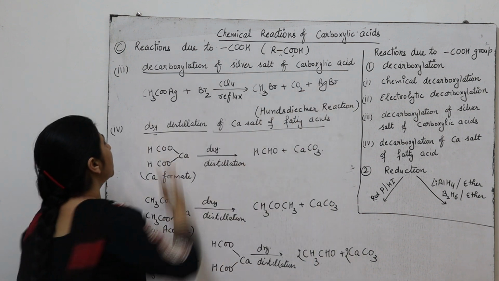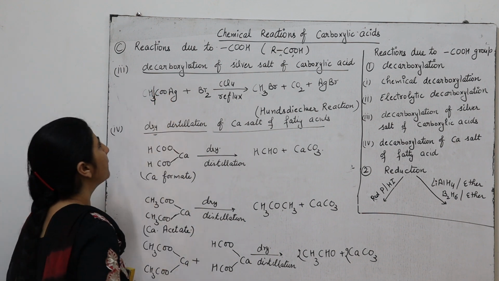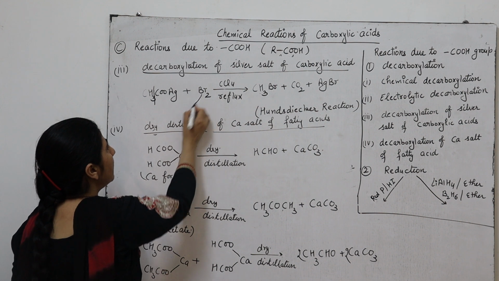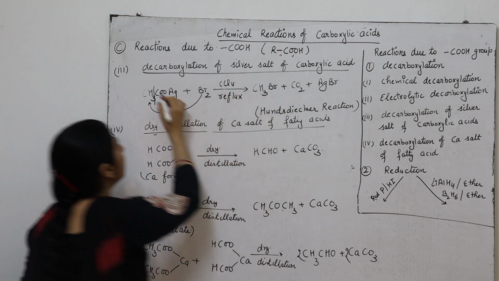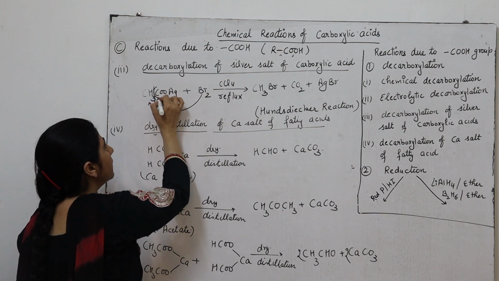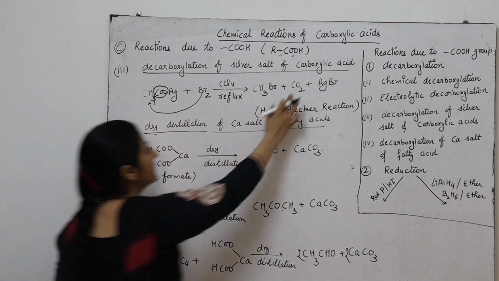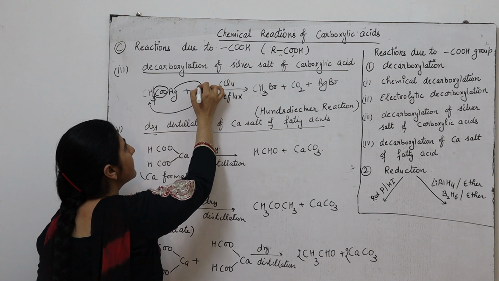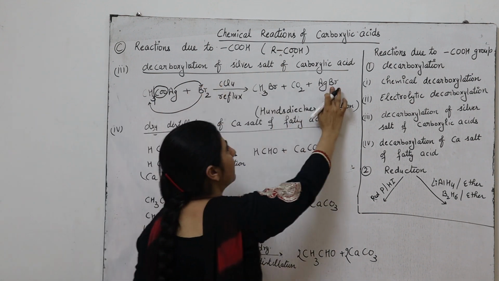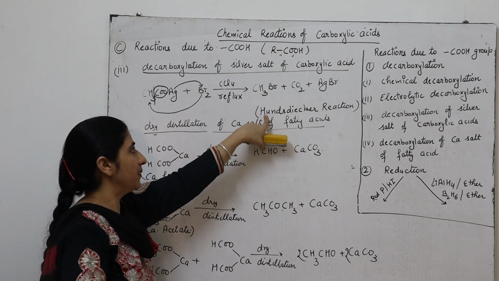In this reaction there is the breakage of the carbon bond, and one bromine links with the methyl group to form methyl bromide. The CO2 is released as carbon dioxide, and the second bromine atom combines with the silver to form silver bromide. This reaction is known as the Hunsdiecker reaction.